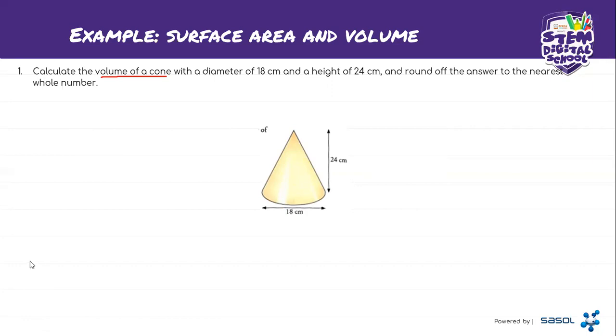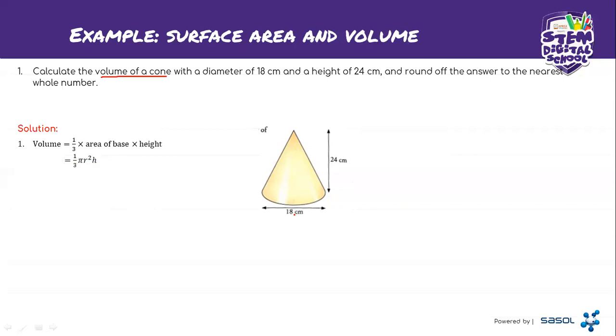Then let's see how we calculate a volume of a cone. First, you write the correct formula for that, which is 1/3 times area of a base times height. Now, which is 1/3 pi r squared times height.